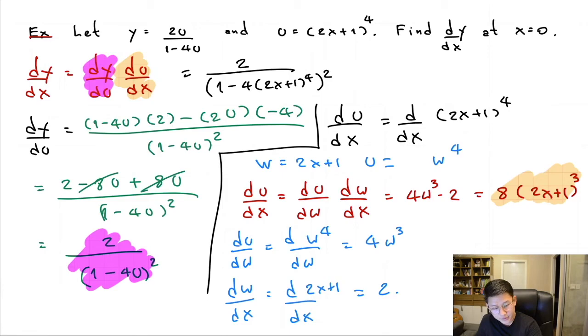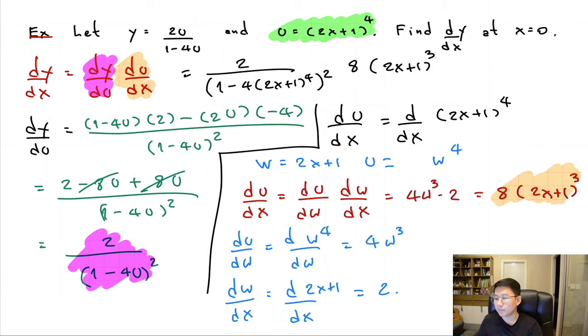That's the definition of u, isn't it? And then multiply that by du by dx, which is 8 times (2x plus 1) cubed.